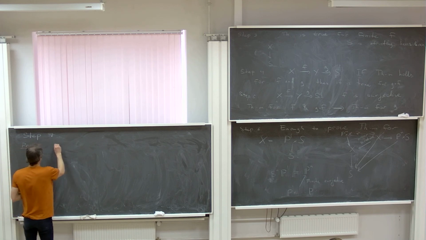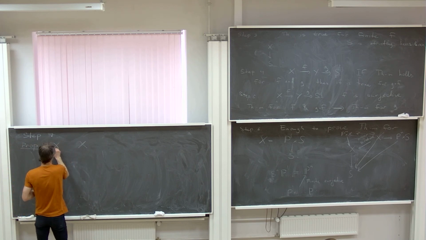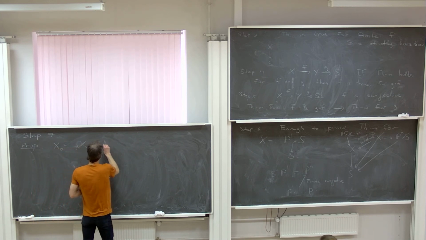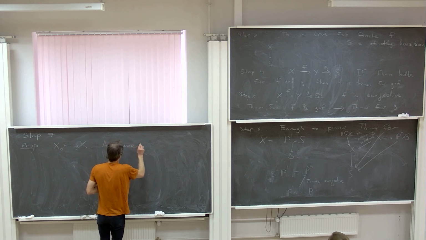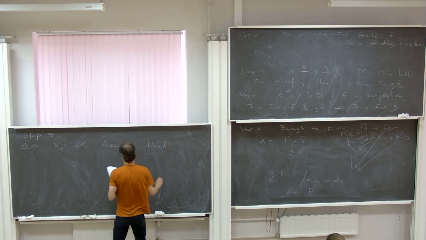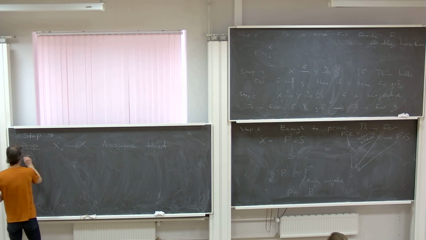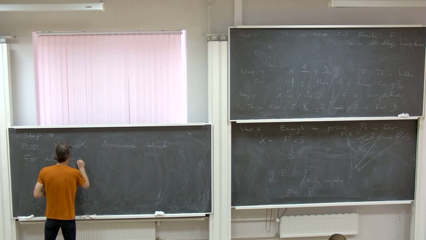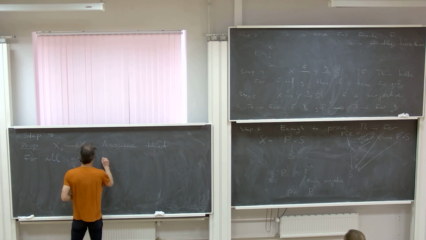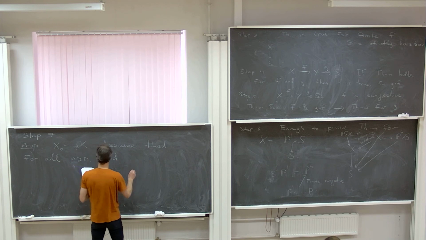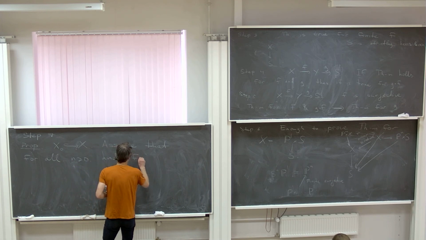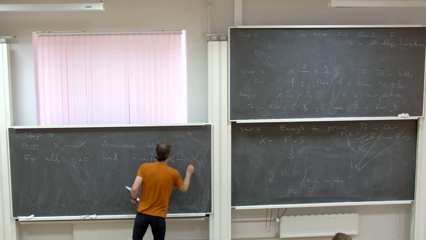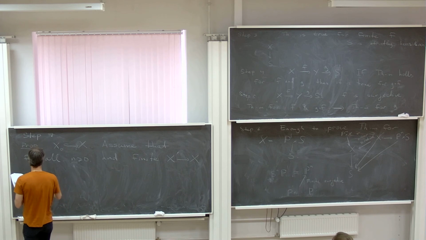Suppose I have any scheme X and X0 is a closed subscheme, and assume that for all n greater or equal than 0, and all finite X prime over X, the following holds.